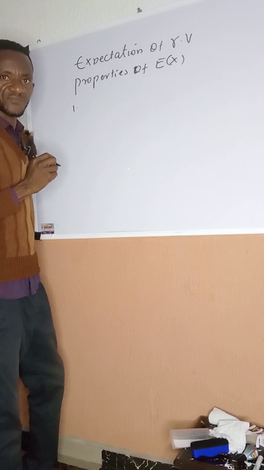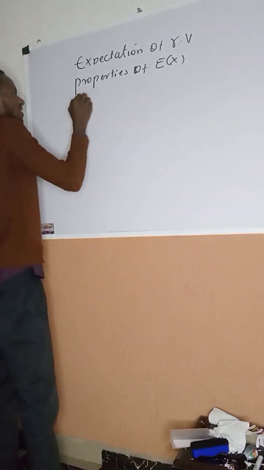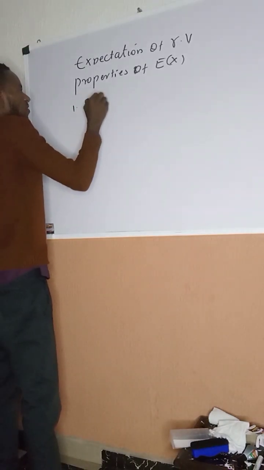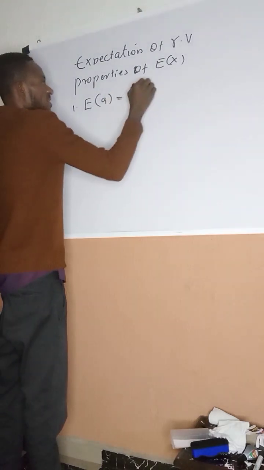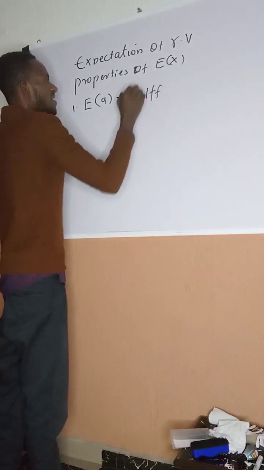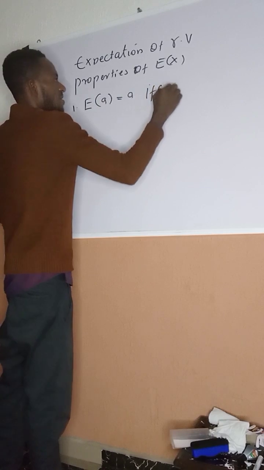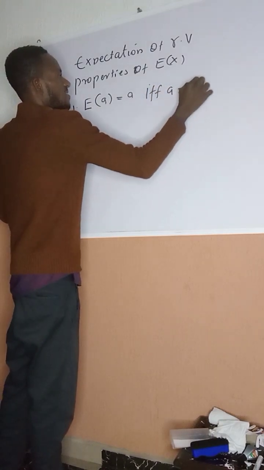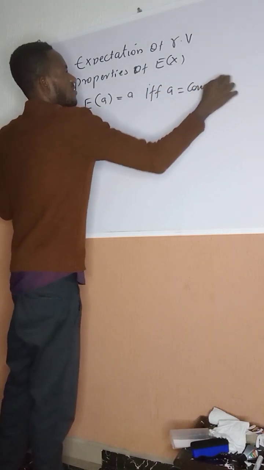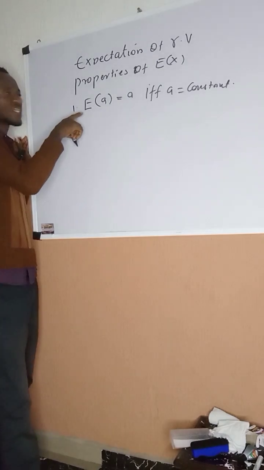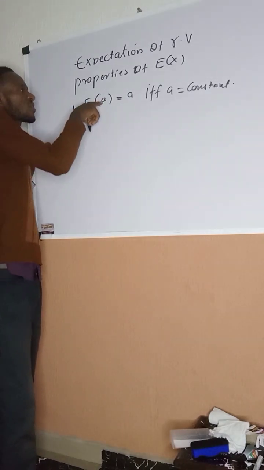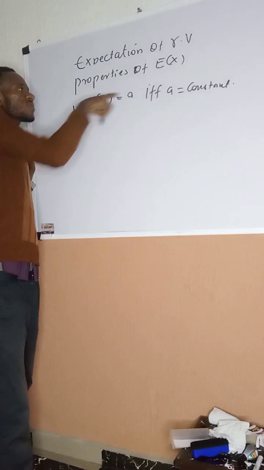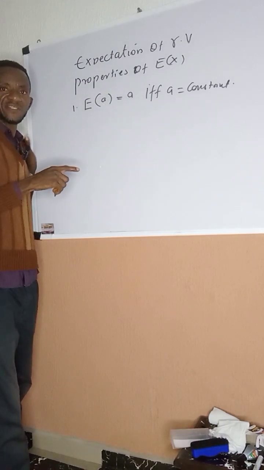Property number one says that E of a equals a, if and only if a is a constant. So what is being said in this property number one is that expectation of a constant is equal to that constant.